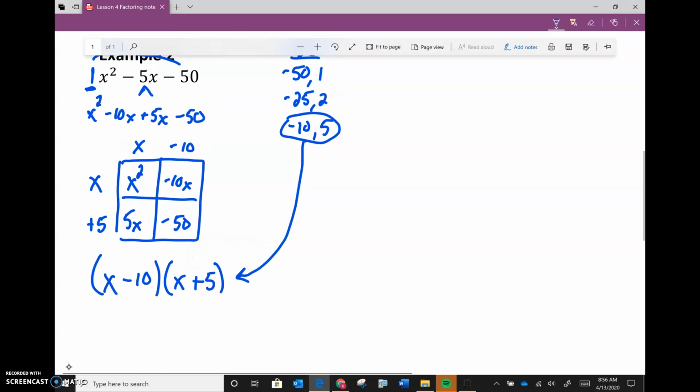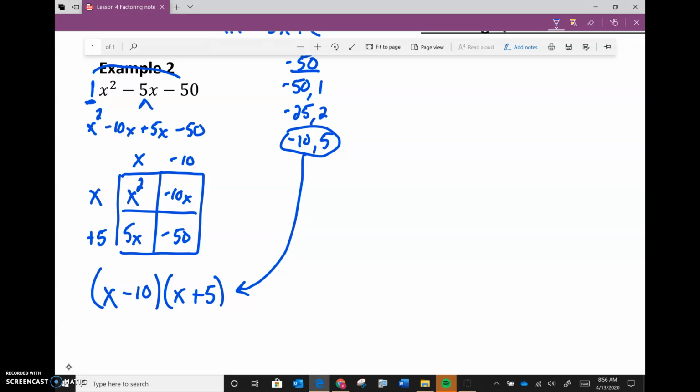So when a is 1, you don't have to use the box method. I did show you how to do it on this one, but if a is 1, you don't have to. All you got to do is think of factors of c that add to b, which would have been our negative 10 and positive 5. So x minus 10 times x plus 5. Okay? So box method, don't have to use it if a is 1.